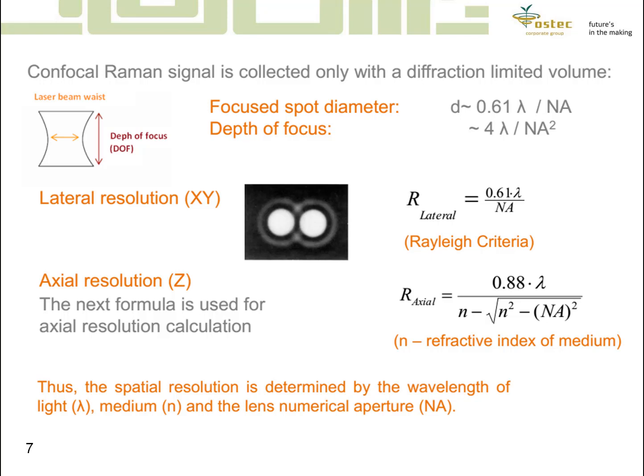This parameter is written on each objective, and the higher the numerical aperture, the better resolution you can get, and at the same time the stronger Raman signal you can achieve, because Raman signal is emitted in every direction, and the higher the angle you collect the light, the better intensity you can get.